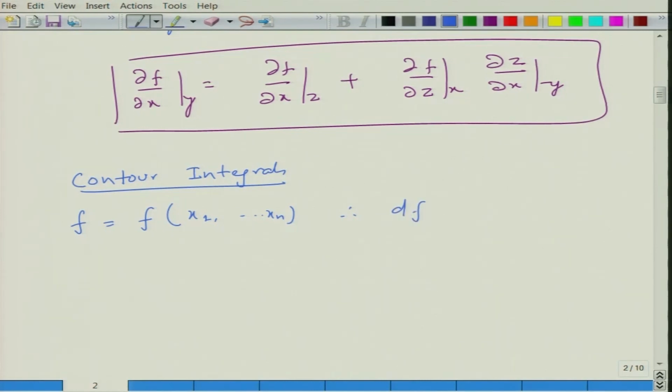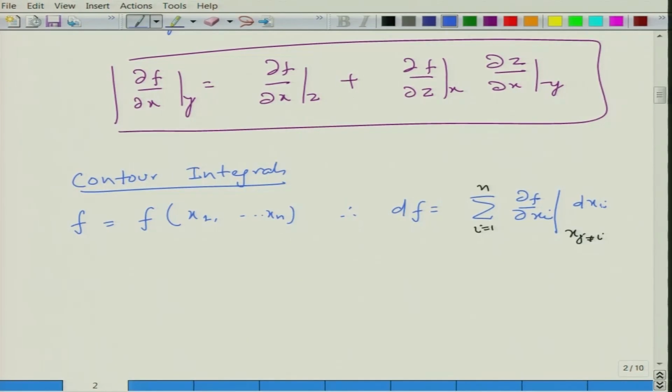In that case, I can write df as the summation of ∂f/∂xi, where xj, j not equal to i, are held constant, for all xj not equal to i, and this is now dxi. Okay. So, this is the differentiation in this form if you have multivariable.